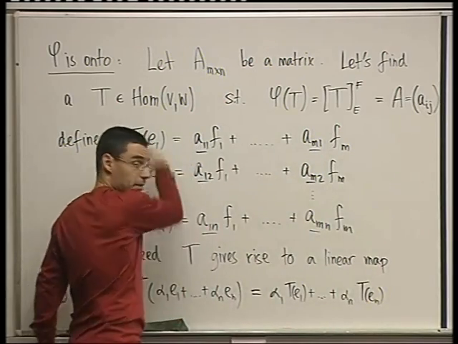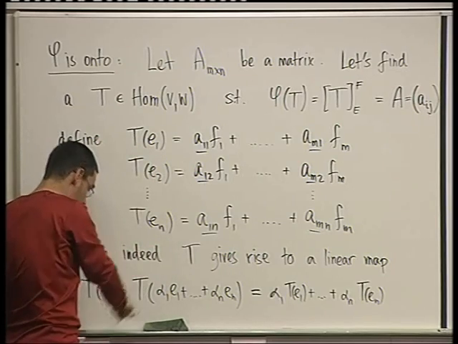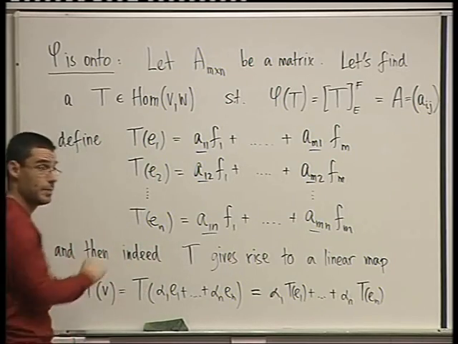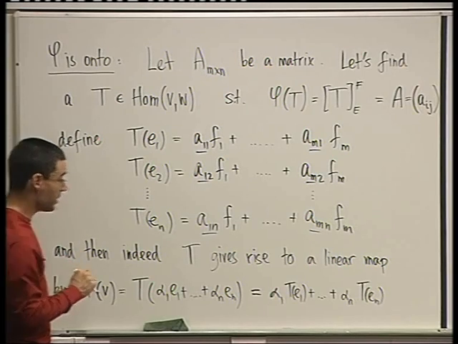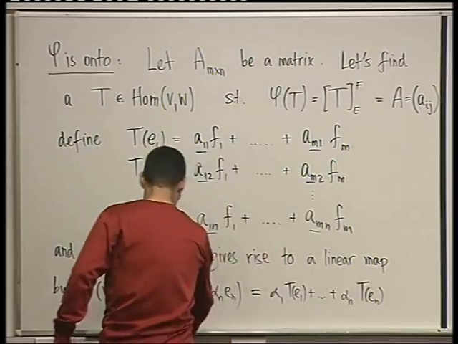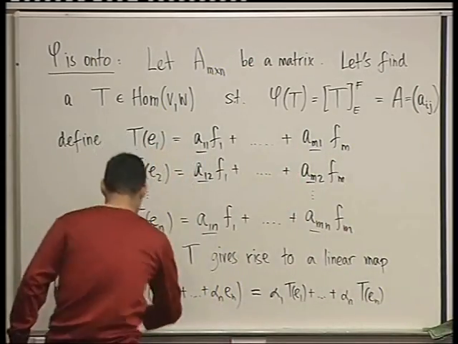And these are defined. That's what we defined, right? So once we define T on a basis, it fixes T as a linear map. Okay? So T gives rise to a linear map whose matrix representation is precisely A by construction.